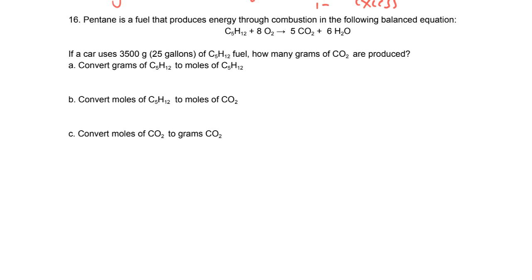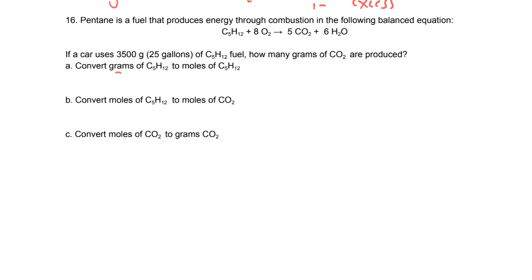So we'll start by writing out 3,500 grams of C5H12. And now I need to convert to moles of C5H12. So I need to know the molar mass of C5H12.